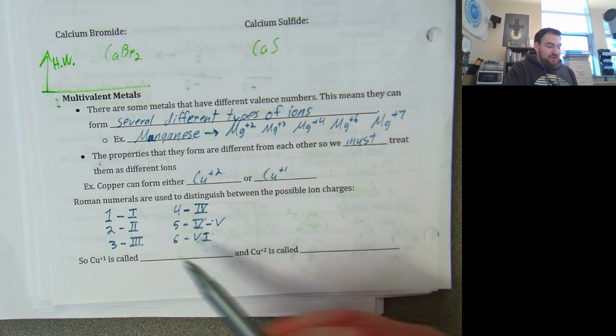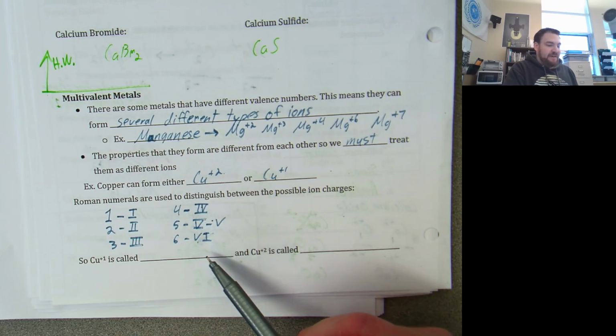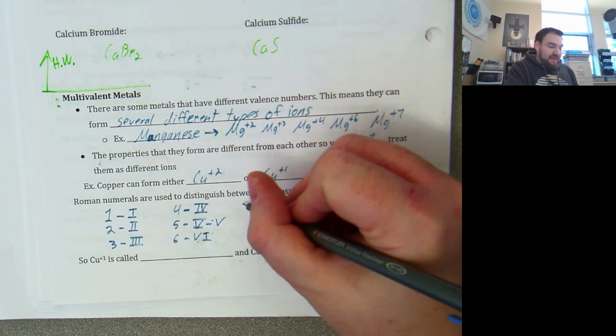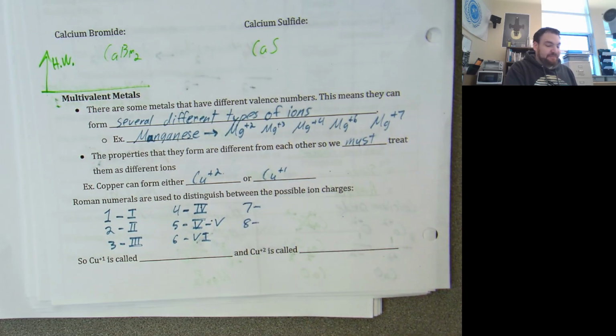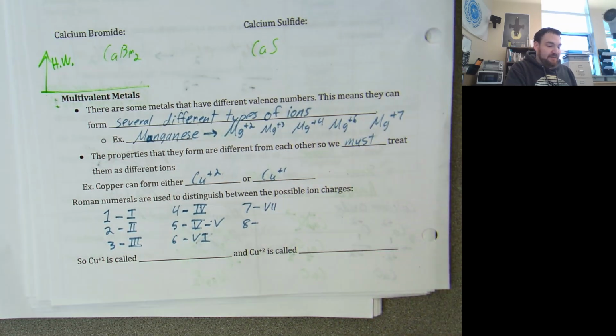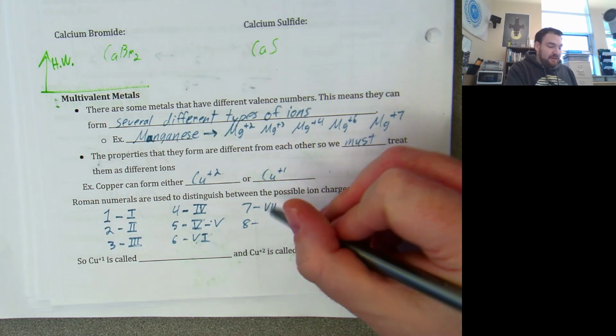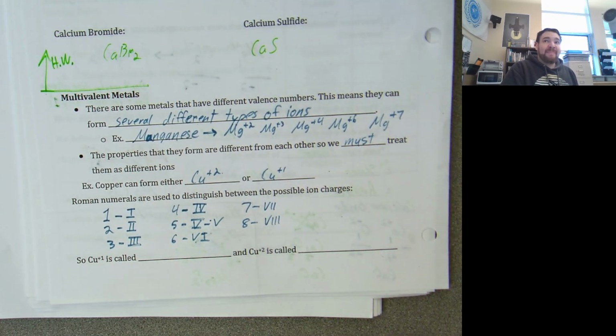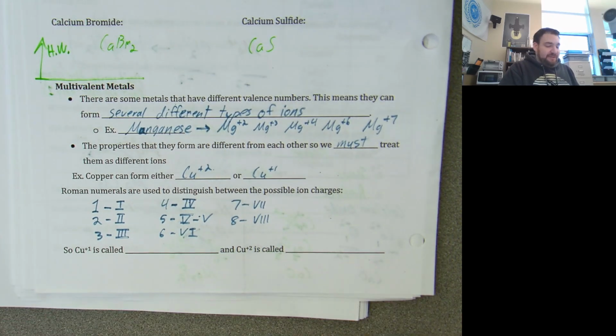So they count 5, 1 more than 5. And then we need 7 and 8. 7 is VII, and 8 is VIII. So those are the only ones we need, because I don't think there's any ions bigger than 8.